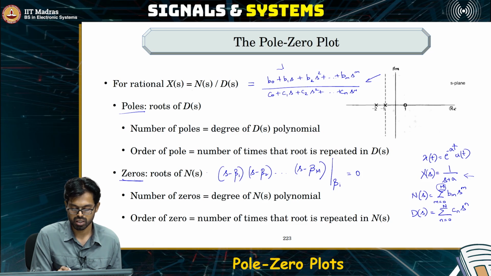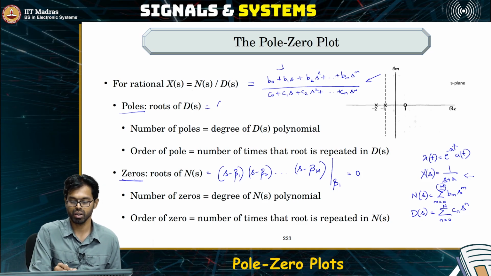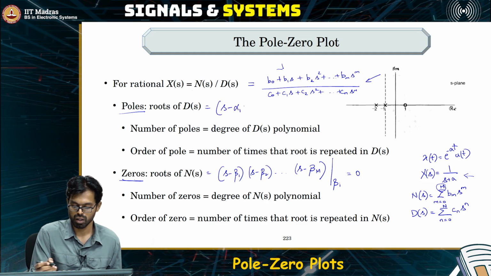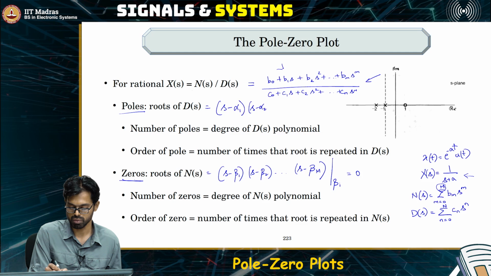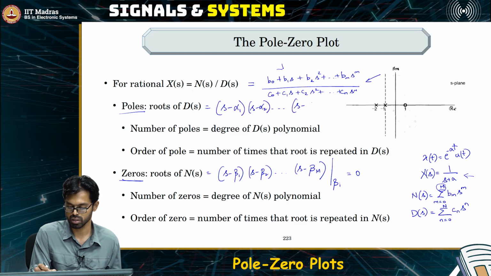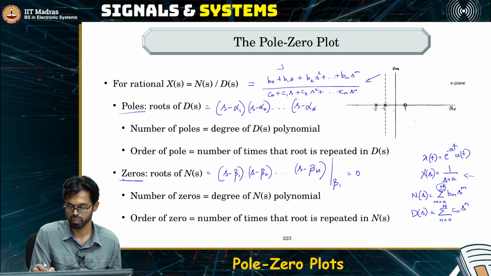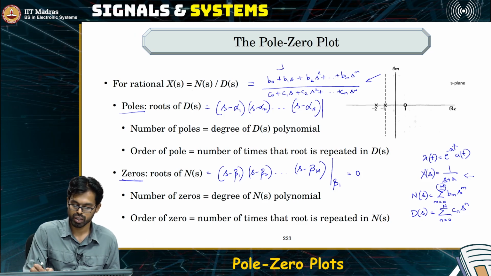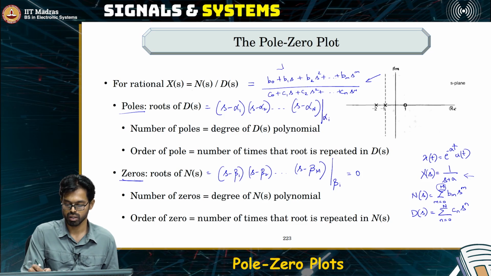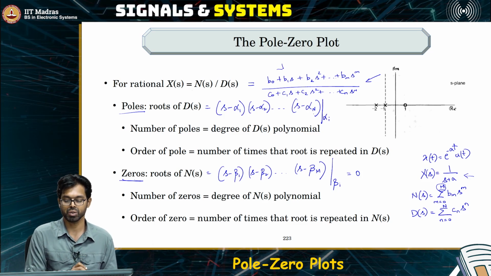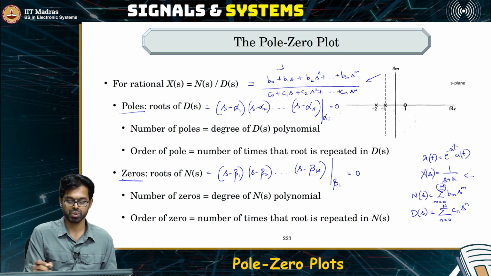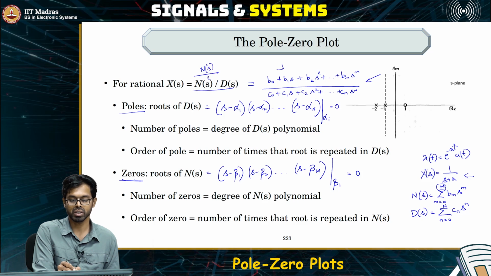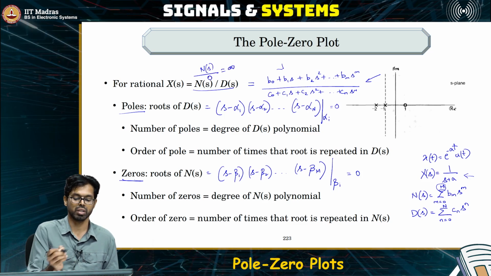Now similarly, you can factorize the denominator polynomial. So let us say it is (s minus alpha 1) into (s minus alpha 2) up until (s minus alpha N). It has N roots because it is an Nth degree polynomial. If you evaluate at some alpha i, of course this polynomial is going to evaluate to 0. The denominator is evaluating to 0, which means in this ratio we will have N(s) divided by 0, which means this will go to infinity.